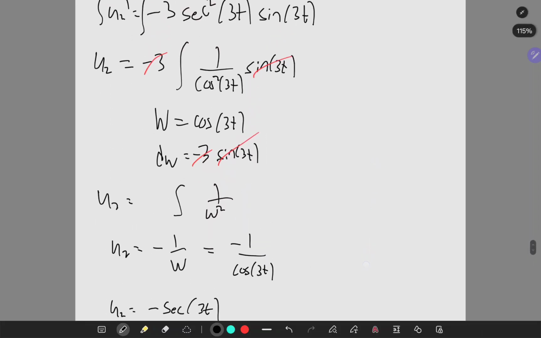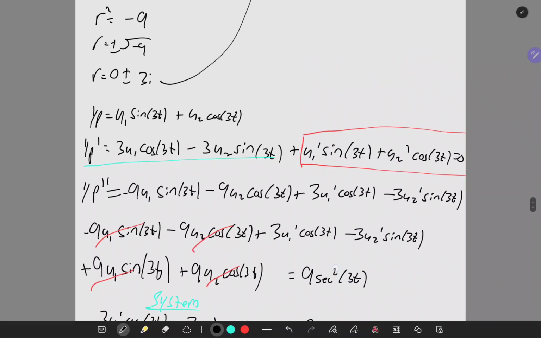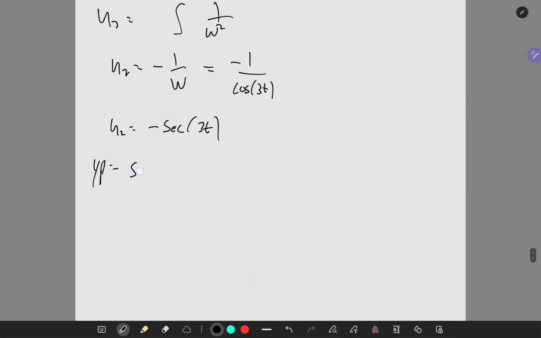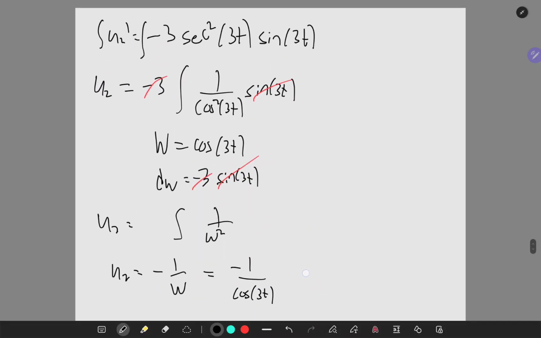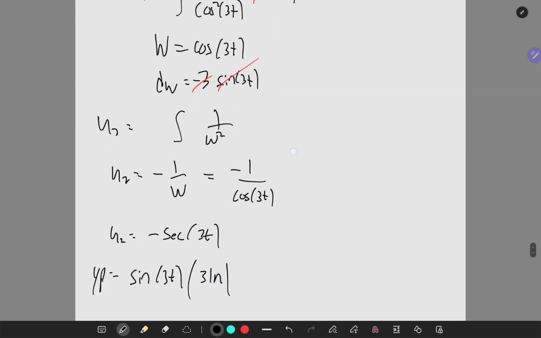So now our y sub p is u1 times sine 3t, so that's sine of 3t times all of our u1. Where is it? 3. Oh, that's ugly.